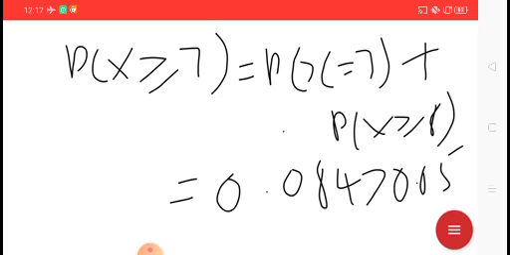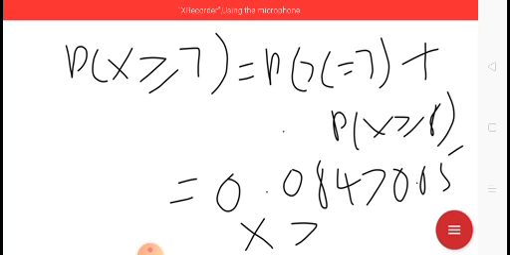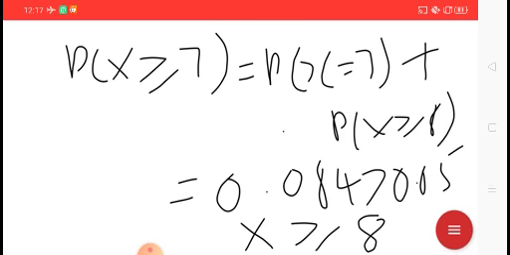So in this situation, 7 is no longer in the critical region. So you can summarize that your critical region for the upper tail is X larger or equal to 8. From 8, 9, 10, 11, 12, all are inside the critical region. 7 is not in the critical region.